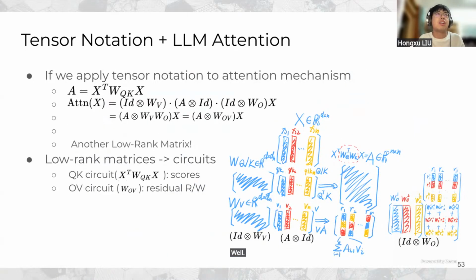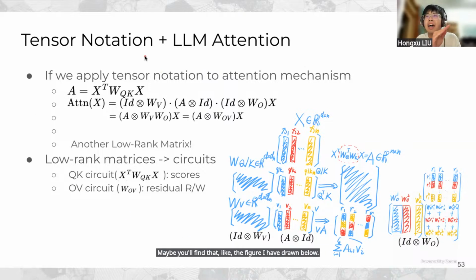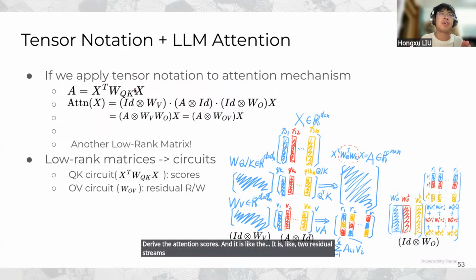If we apply the tensor notation on the LLM attention, we will find that, like the figure I have drawn below, there are two kinds of circuits. One is used to derive the attention scores, and it is like two residual streams multiplied together with the low rank matrix.